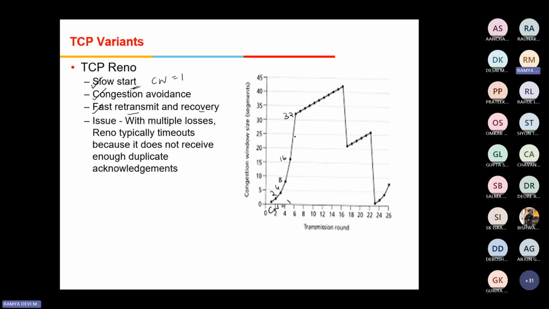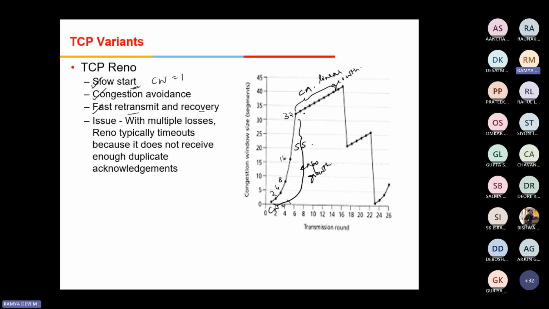This is the slow start state, and this is the congestion avoidance state. So this entire phase is slow start, with exponential growth. This is congestion avoidance, where Reno switches to a linear growth rather than an exponential growth. The congestion window will increase by one for each acknowledgement received.